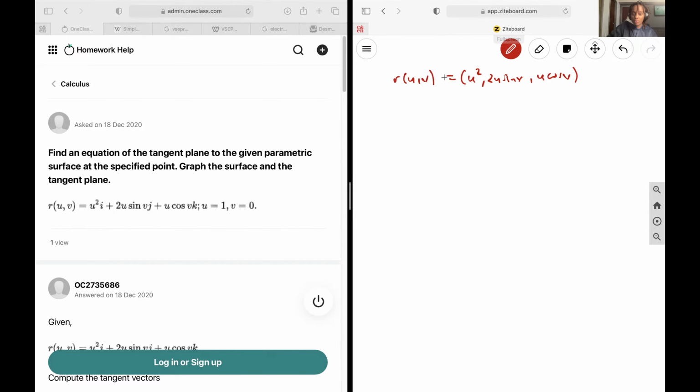And so first off, we're going to want to find the derivative with respect to u and v. Cross those two to find the plane perpendicular, so your n, and then you're going to do r dot n in order to find our answer. So let's go about doing that.